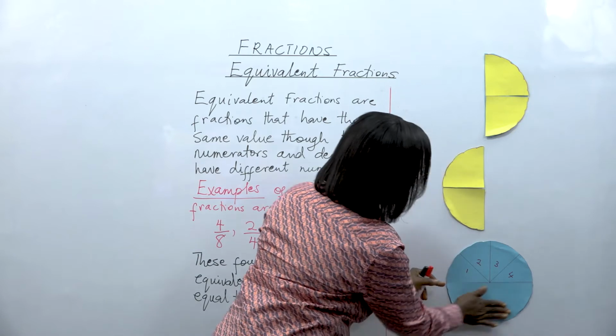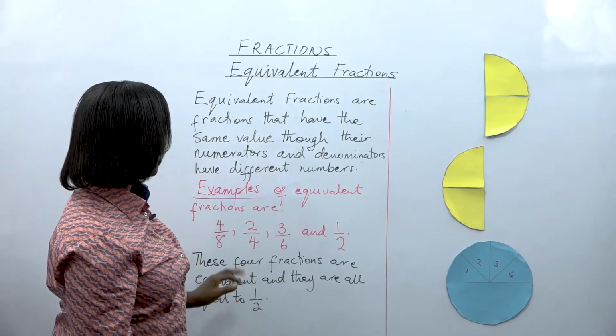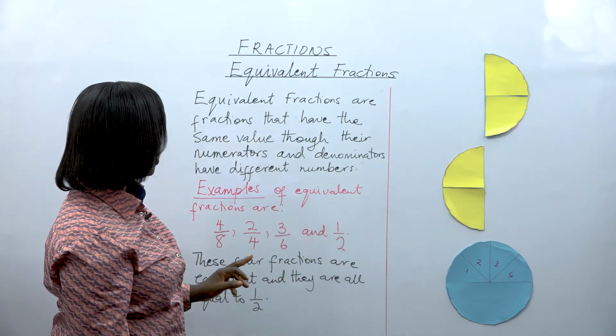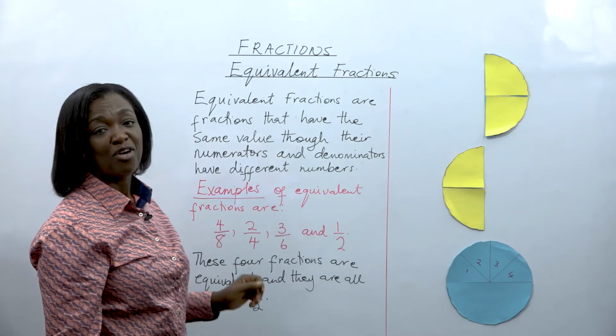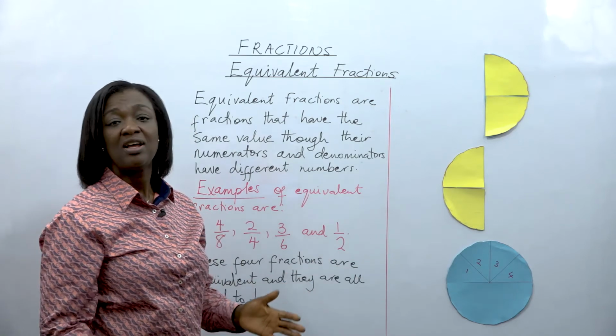And it fits exactly. So we can see that a half is equivalent to 2/4 and is equivalent to 4/8. That's very interesting. And you can practice this.